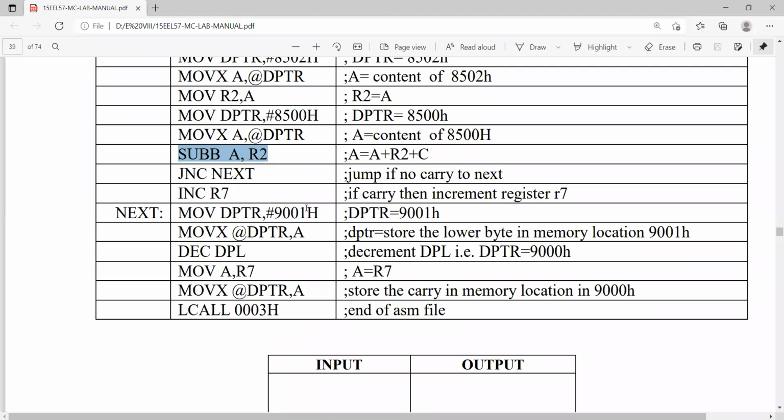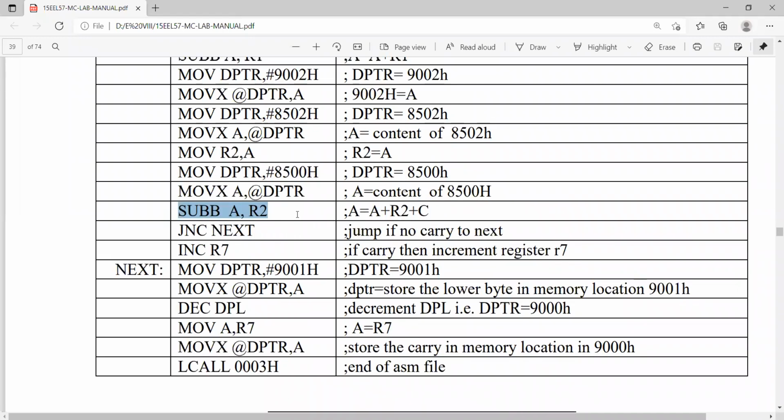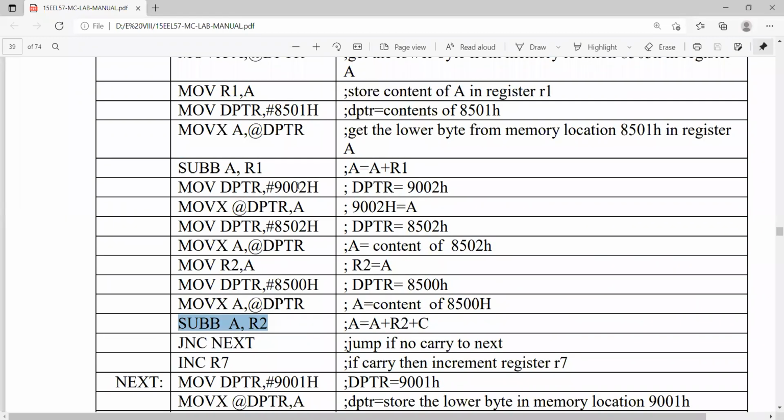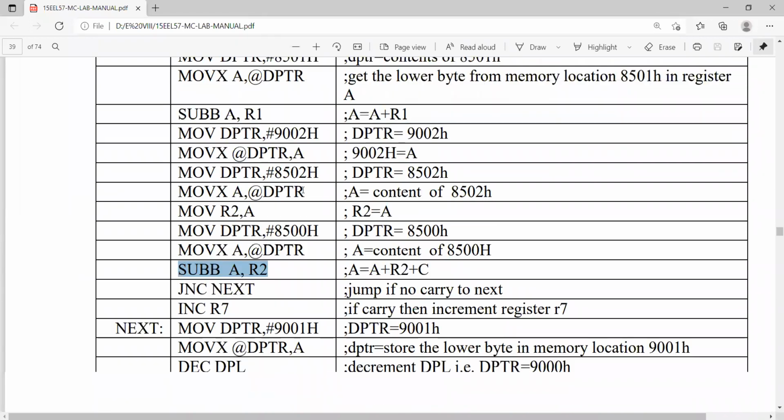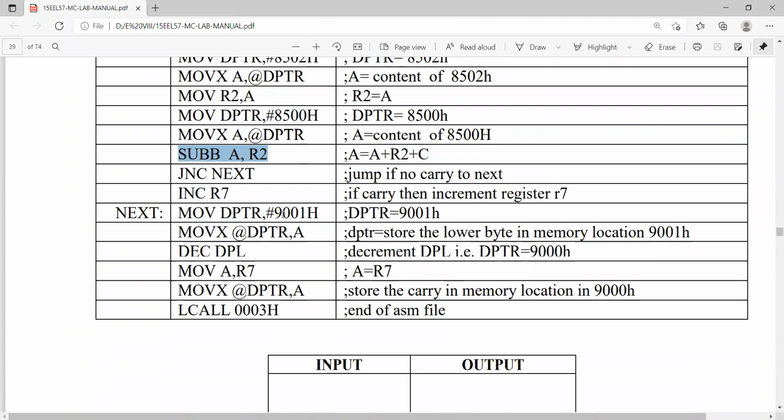Where do we store? 9001 and 9002. 9002 is the lower byte, and here it is the higher byte. The accumulator is transferred to this one. Again decrement this, so 9001 becomes 9000. So this is a borrow condition.